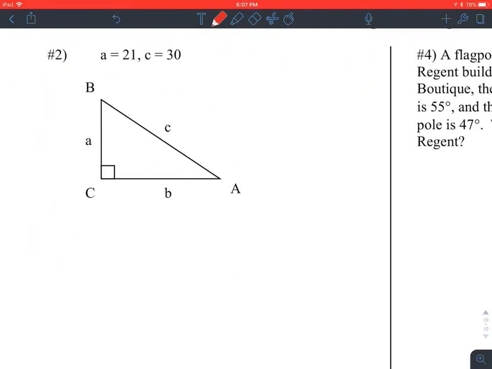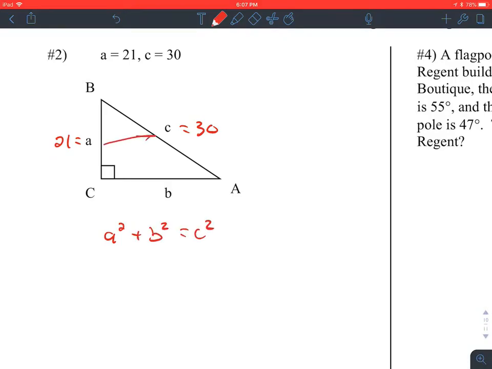Same directions. This time a is 21 and c is 30. Something you don't want to lose track of in all this right triangle stuff is the Pythagorean theorem. Pythagorean theorem says if you have a right triangle, which we do, you can square each leg and add them together, and it will always equal the hypotenuse squared.